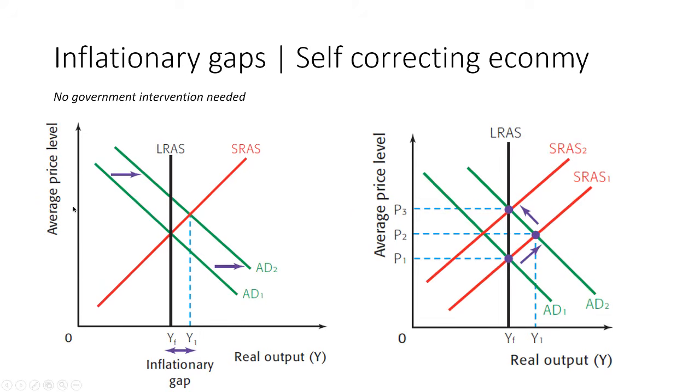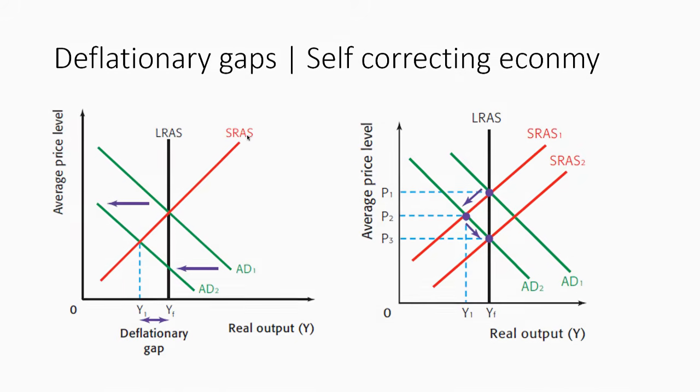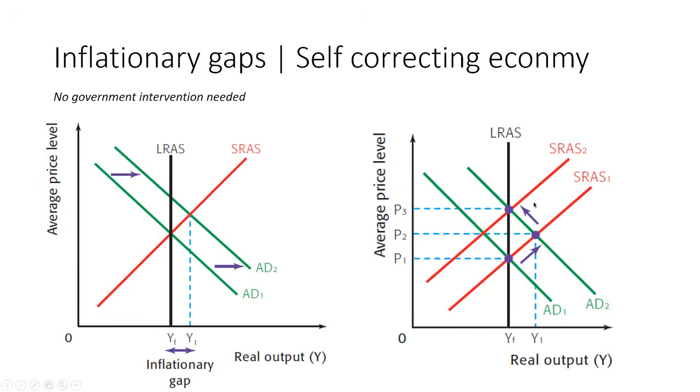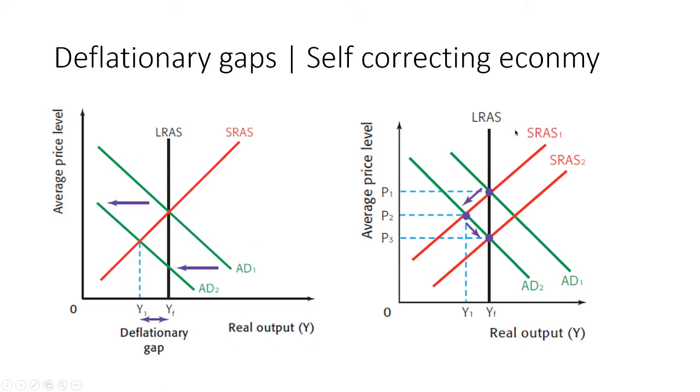So suddenly things become more expensive, which would again affect the supply side and may shift the supply side inwards, which would again move you back into the long run. Same goes for deflationary gaps. They will also correct themselves.